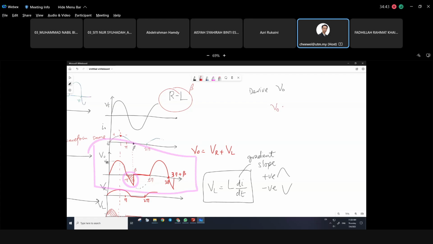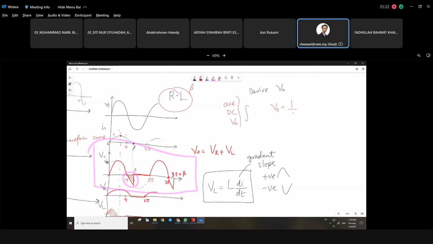So V out equals to, we know that the average voltage, or the DC voltage, is always referring to V out or I out. All these we are using integration, just to take the area under the curve. So we start with 1 over the full period of the waveform, which is from 0 to pi or 2 pi, for this waveform, half wave RL load.